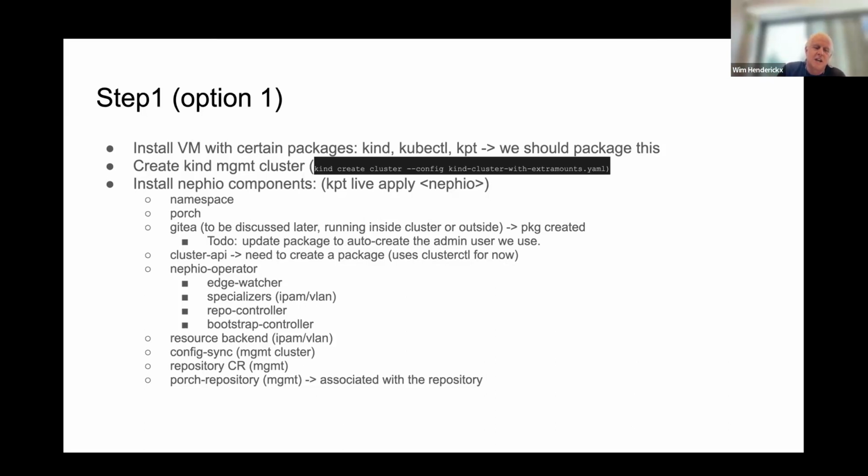So the proposal here is to also create a repo on the management cluster, which uses config sync to sync that towards ports, and then applies that configuration towards the management cluster, and as such, that's how clusters get created, and so on and so forth. Okay.